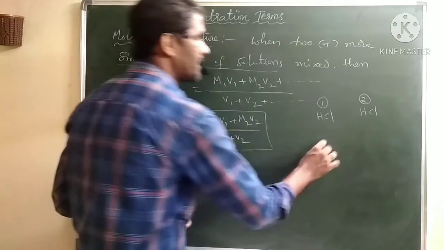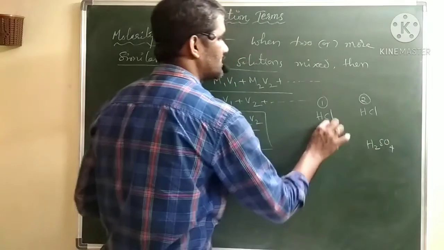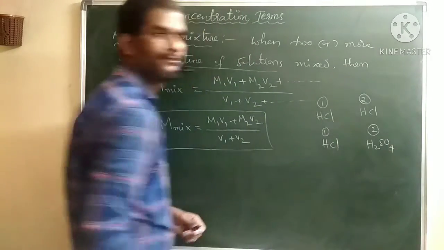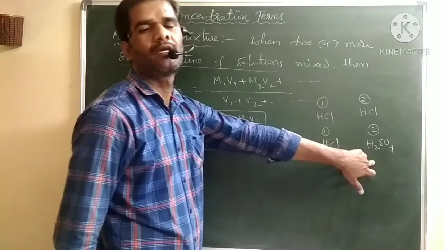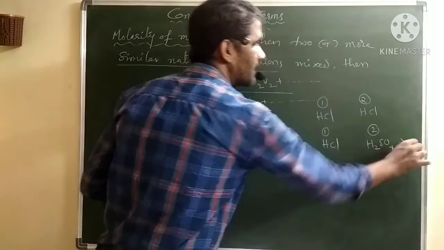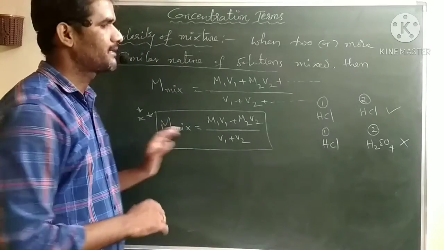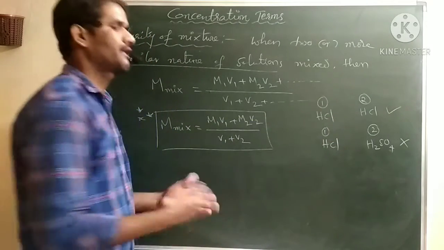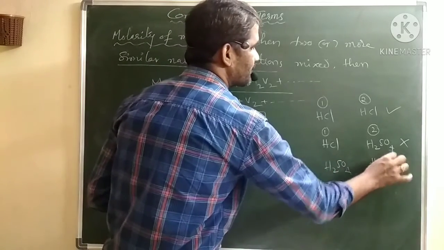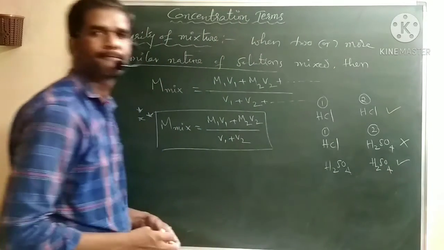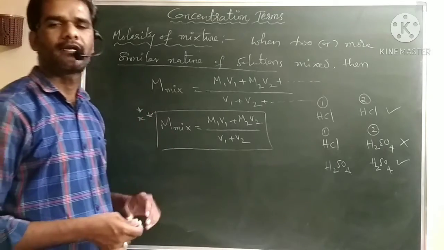Or else, if I take HCl and H2SO4, 1 and 2, they are dissimilar in nature, so here we cannot apply it. Only in the first case can you apply this formula, for solutions of similar nature. If you take both H2SO4 and H2SO4, then you can apply it. So this is the molarity of the resultant mixture.